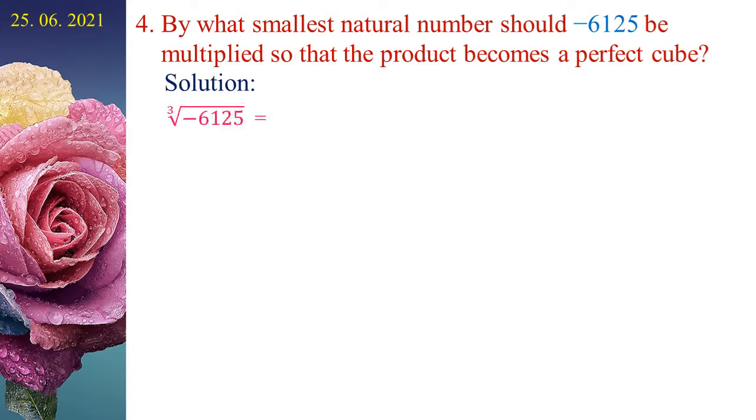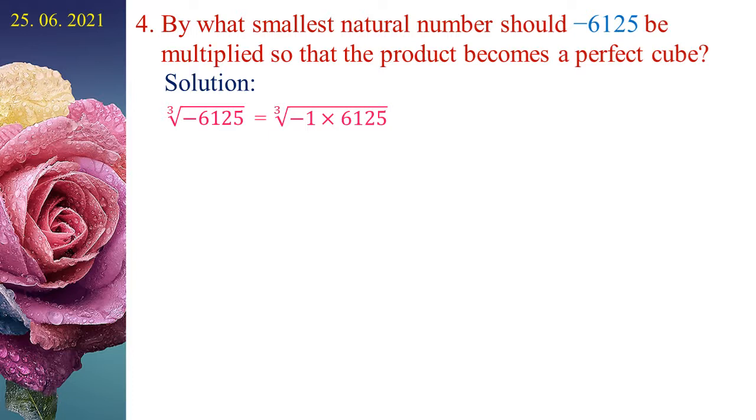Solution: cube root of minus 6125 equal, first we should write the given negative integer minus 6125 as the product of minus 1 and a positive integer 6125. So, cube root of minus 1 into 6125.